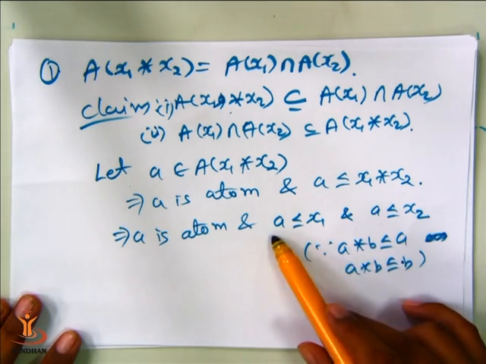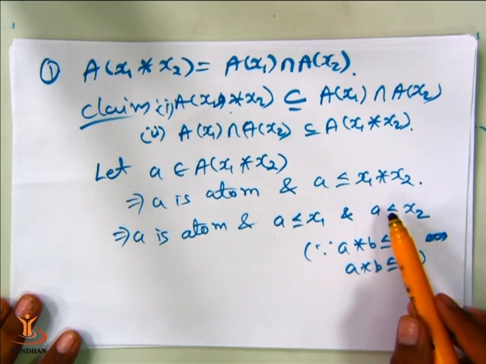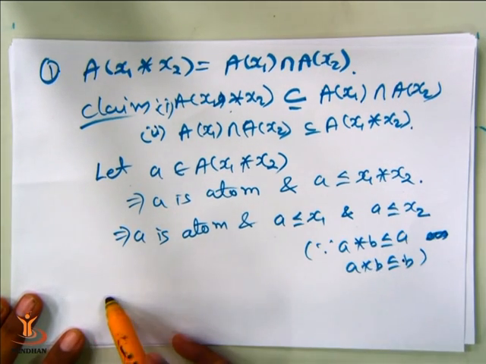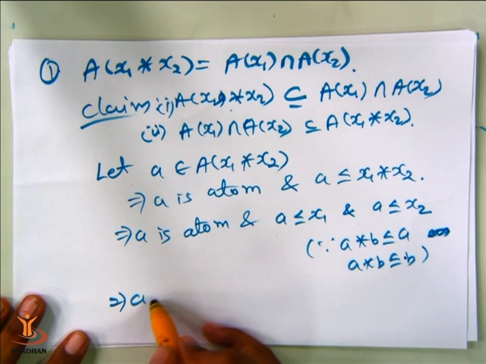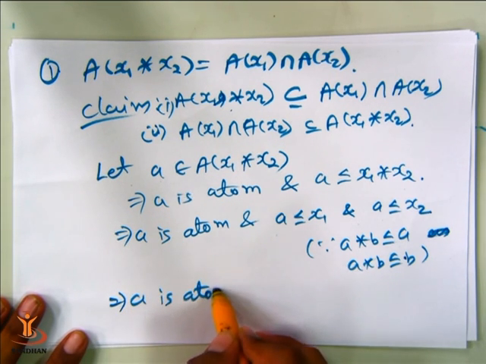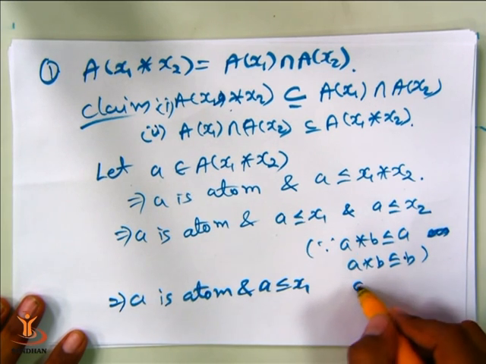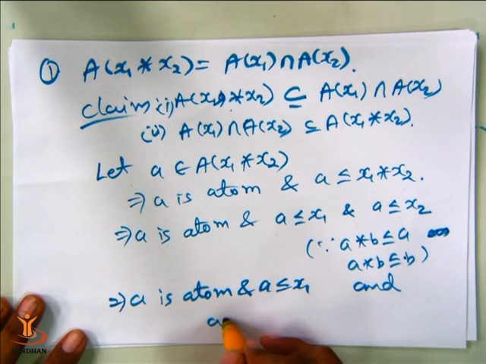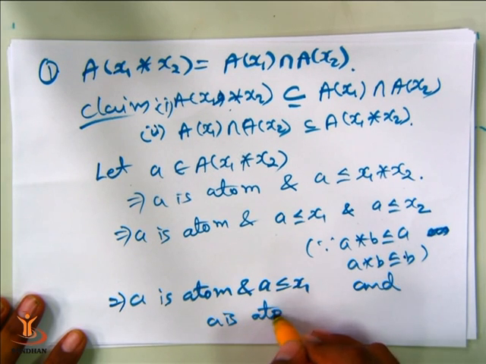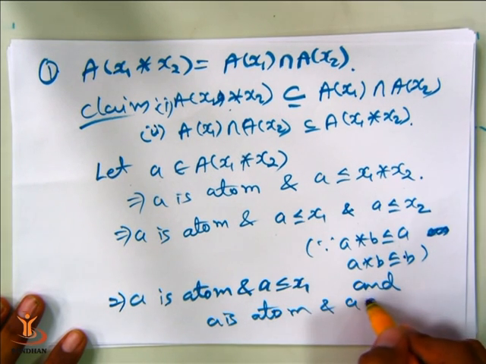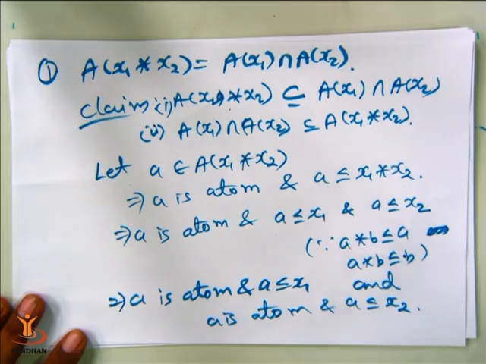So here we can say that a is less than or equal to x1 and a is less than or equal to x2. So that statement can be written as a is an atom and a is less than or equal to x1, and a is an atom and a is less than or equal to x2.